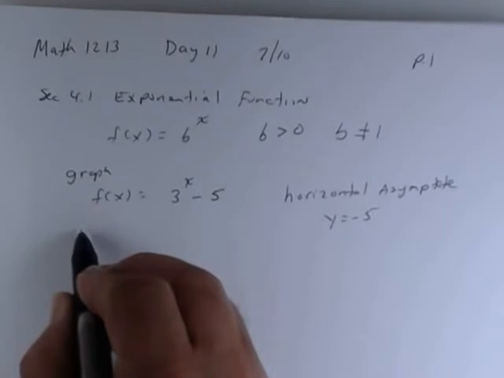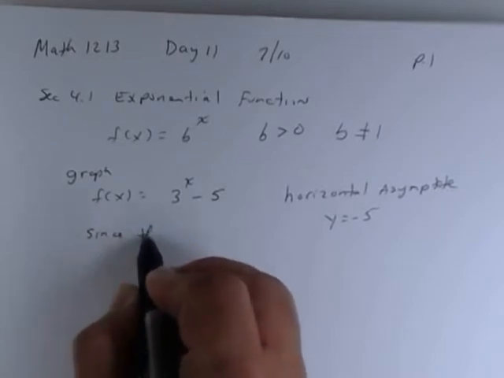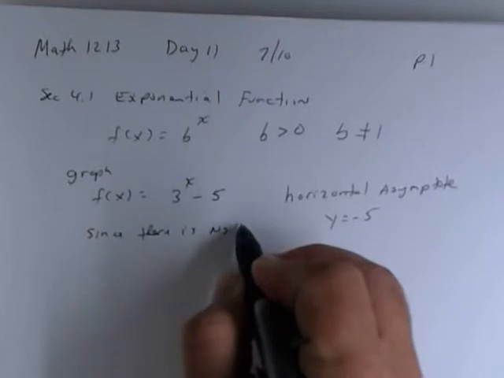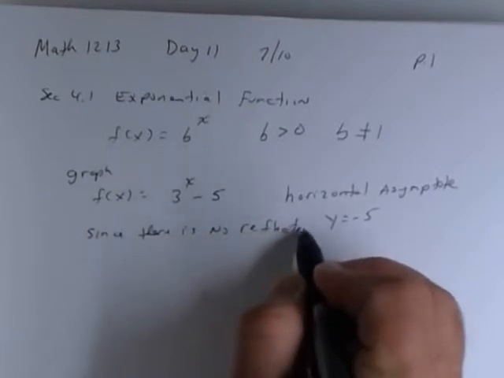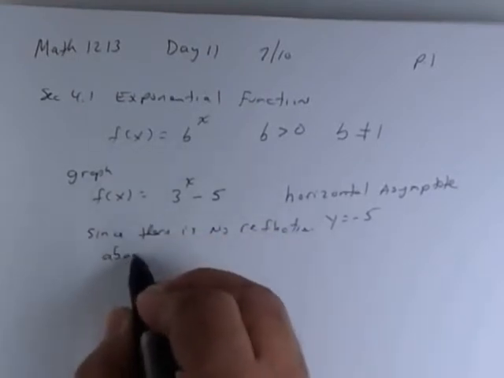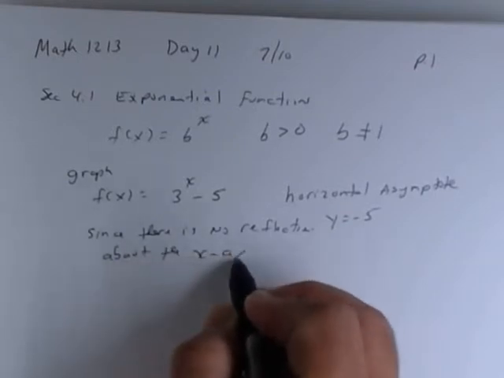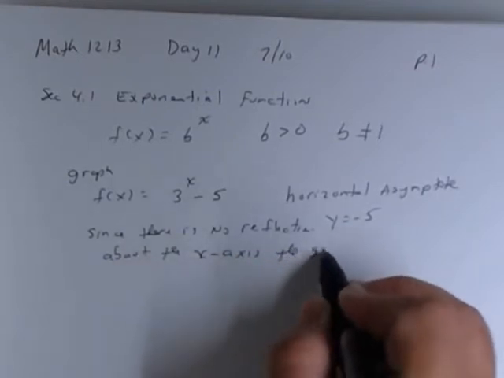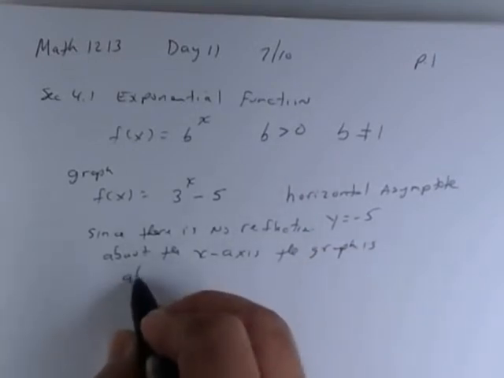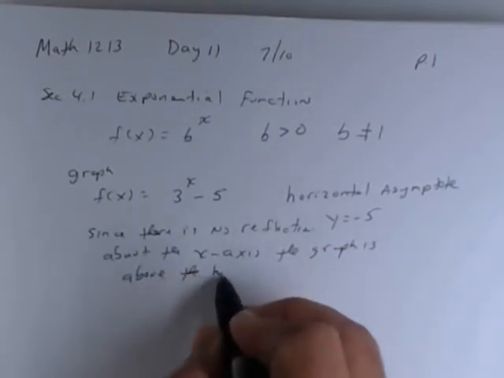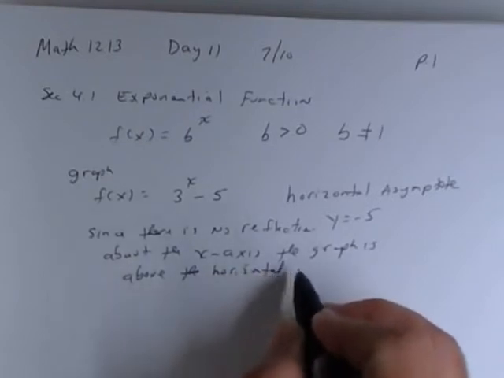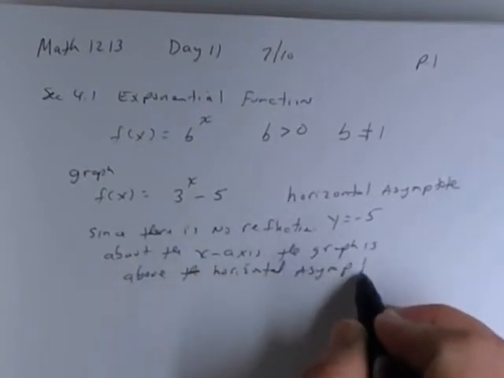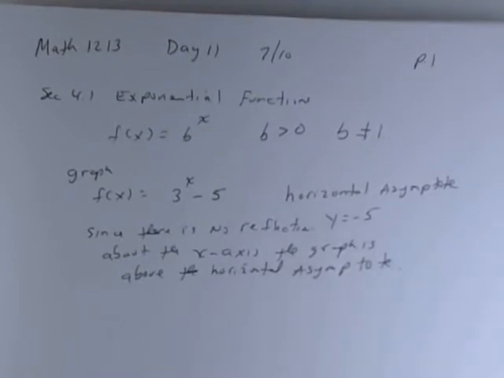Since there is no reflection about the x-axis, and we're going to do reflection in a little while, the graph is going to be above the horizontal asymptote.